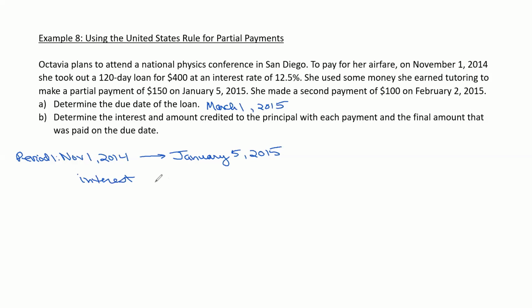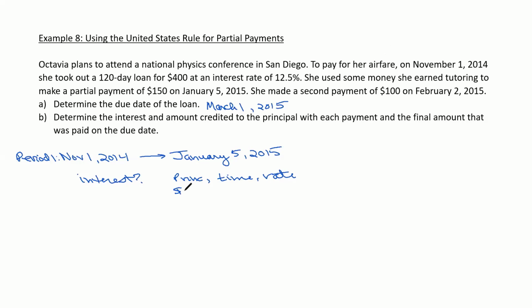So we're going to use the simple interest calculator to figure that out, but we have to know how much time passed, because we're going to need to know what is the principal, what is the time, and what is the rate. So the principal was the $400, because at that point she hadn't paid anything yet.